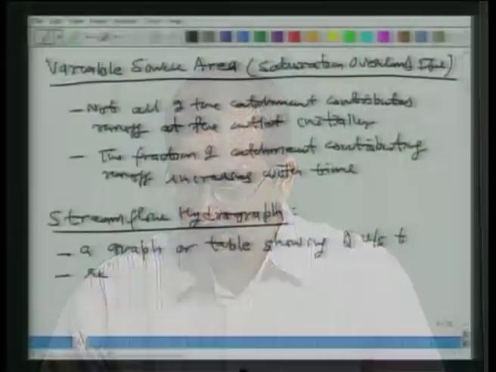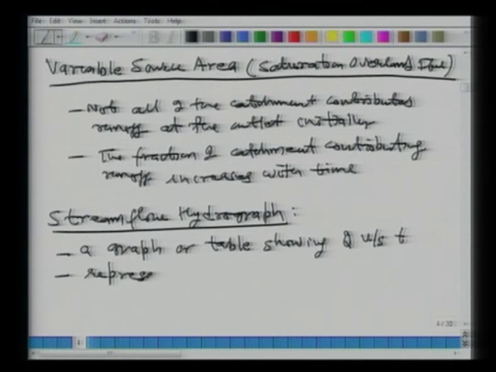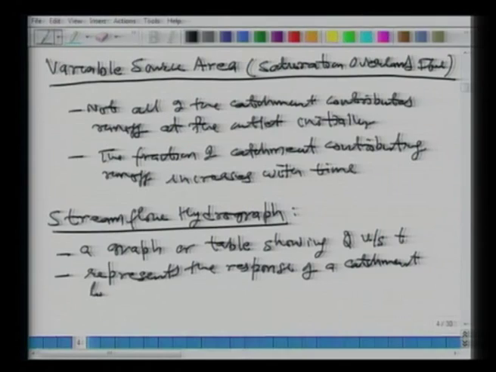A stream flow hydrograph gives us a lot of information about the catchment, all right, because it essentially represents the response of a catchment to rainfall, or when a catchment is subjected to rainfall event, how it responds, all right.